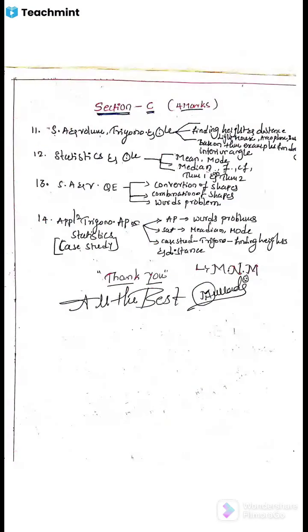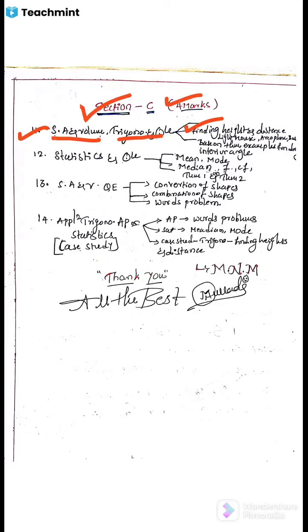Dear students, this is a very important part. All questions carry 4 marks. The 11th question will sometimes be surface area and volume, sometimes trigonometry, or sometimes the circle. If they ask from trigonometry, it is finding the heights and distance of the object.